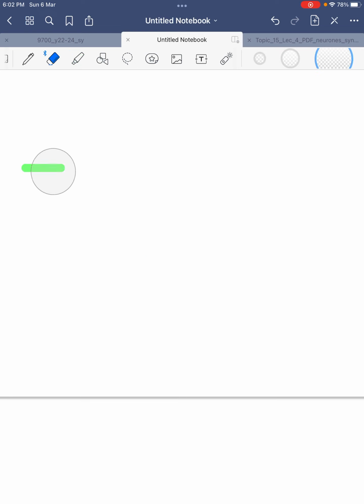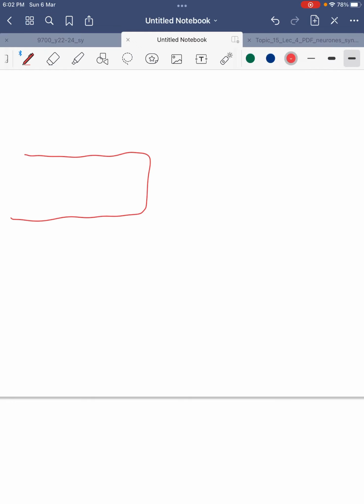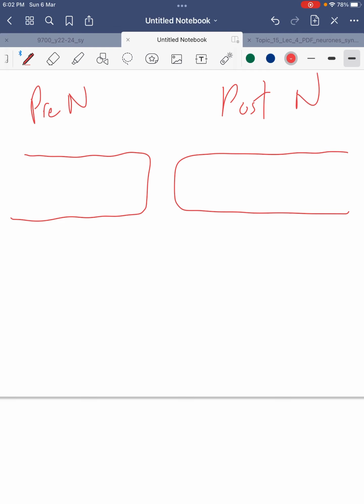Right. So we have a neuron here. I'm just going to draw very simple. We have one presynaptic neuron and one postsynaptic neuron. This is the presynaptic neuron. This is the postsynaptic neuron.